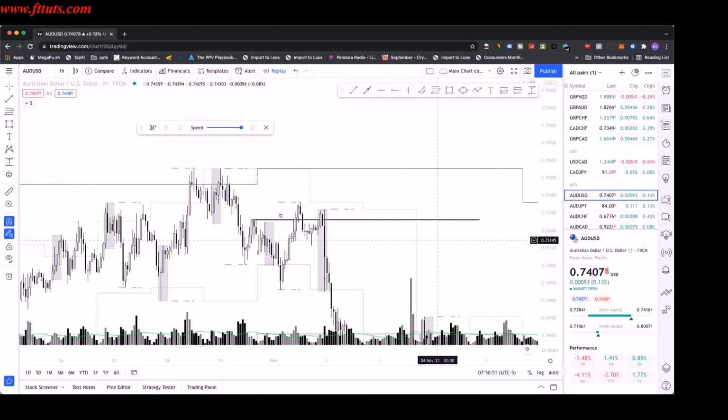Even though there's a right shoulder on this head and shoulders, we never got our confirmation of engulfment. We didn't break it until now. So this is still a valid head and shoulders once price comes back and taps here, but since we didn't get that low taken first, we would want to see this high create a new low, then return to create that right shoulder.